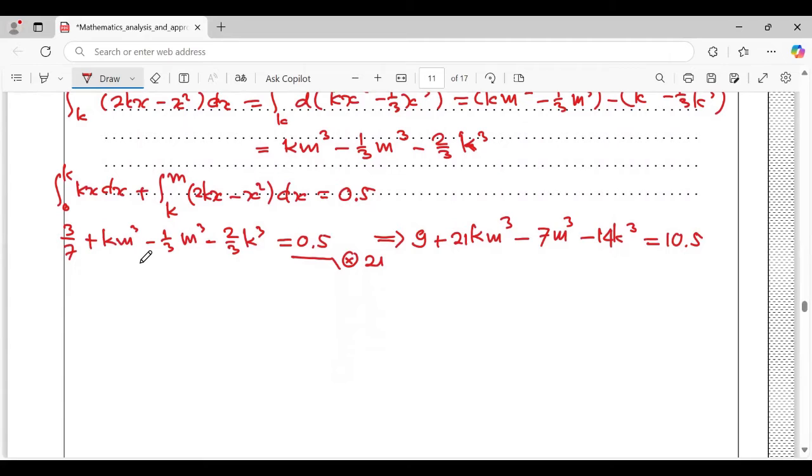Okay, and then if we substitute k equals cube root 6 over 7, here it's going to be 21 multiply cube root 6 over 7 m squared.